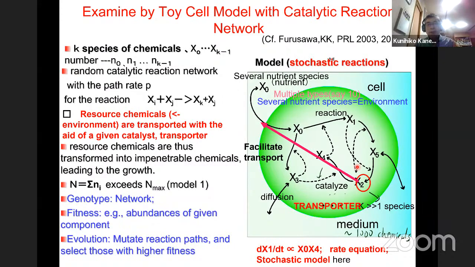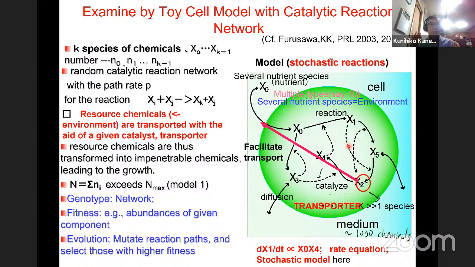And only by these reactions, many catalysts are produced or converted. But then we need some kind of nutrient. So assuming that there are several nutrient species, XZ goes to some X1 catalyzed by something, and XZ prime goes to something catalyzed by X3 or something like that. So we put all these.